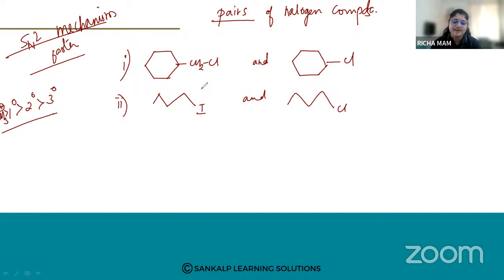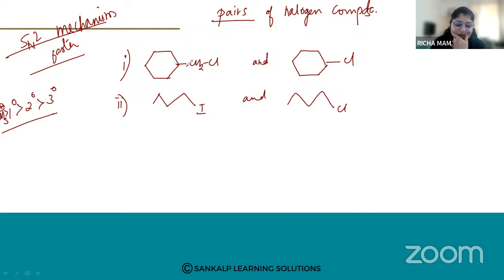First one. Okay, so Cl is attached to the carbon.